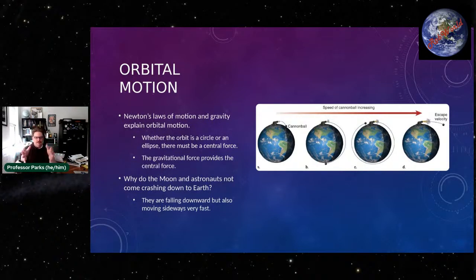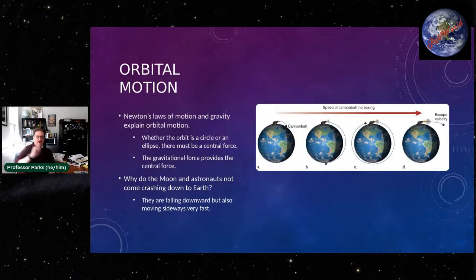Let's take a cannon that's high up on a mountain, and you fire it off with a certain amount of gunpowder. Basically, the gunpowder is going to dictate how much force you apply to that cannonball. You set the cannonball off, you fire it. The cannonball is going to now go straight out and fly out into space.